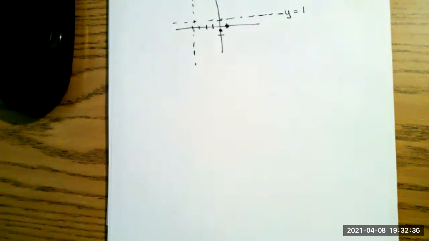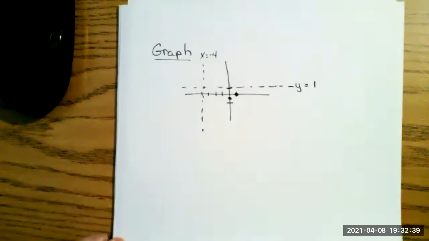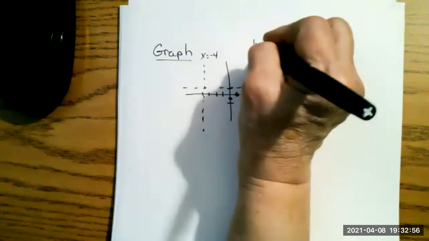And this one also has a hole in it, remember? This one has a hole at, where was our hole? Negative 5, 6. There's a hole.